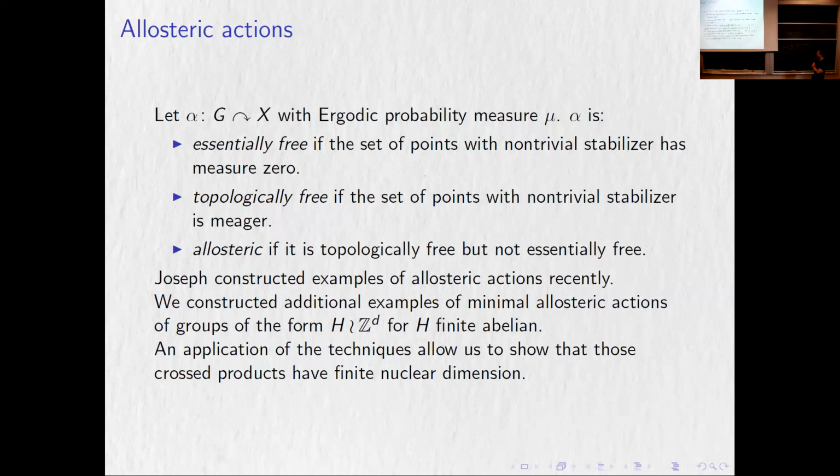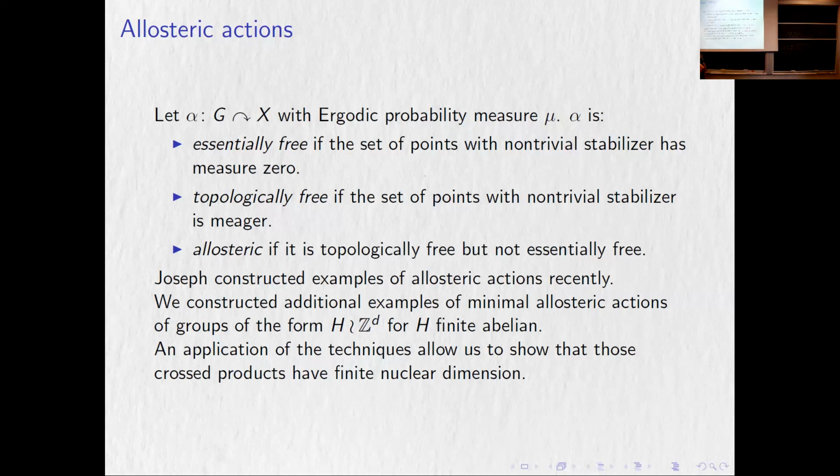in any event, any action with this almost finiteness condition has to be what's called essentially free, meaning that, suppose I have furthermore an ergodic probability measure on my space, an action is said to be essentially free if the set of points with non-trivial stabilizer has measure 0, and topologically free if it's meager.